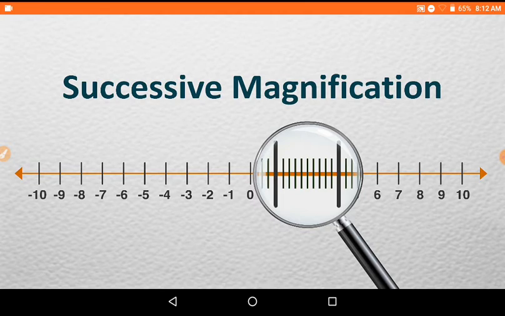So if we have to find numbers between whatever numbers we select, using this magnification method, it is a very easy thing. Let's move on to that point first, how to represent it. So let us move on.